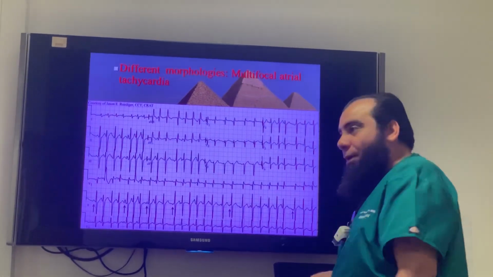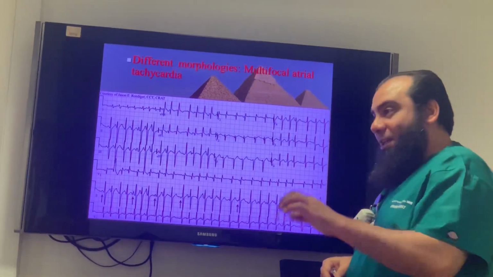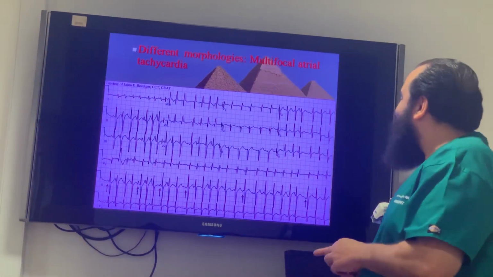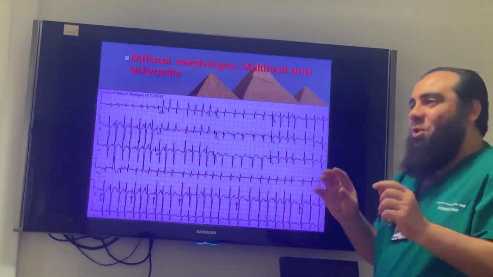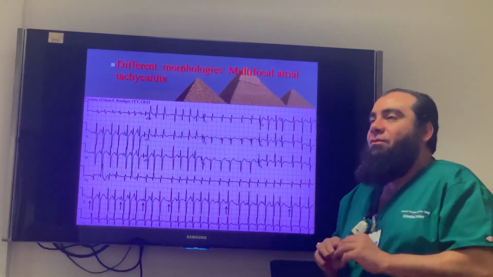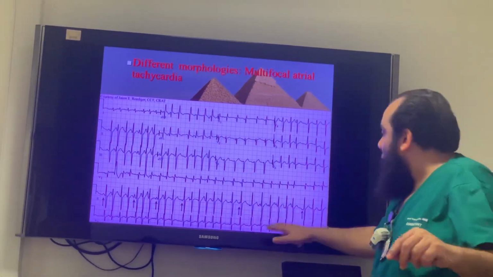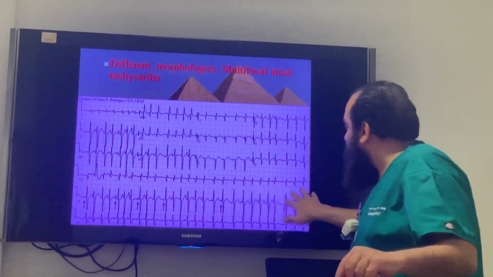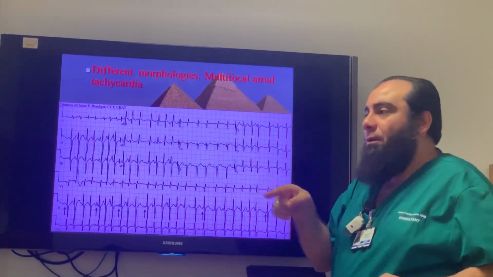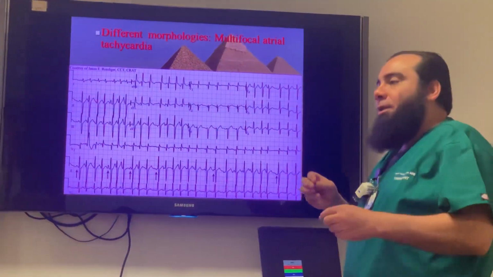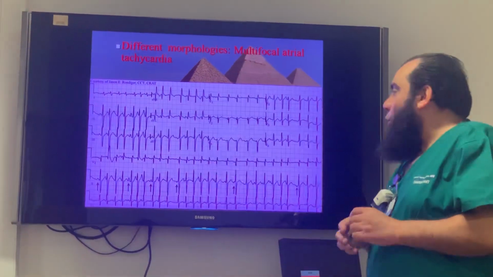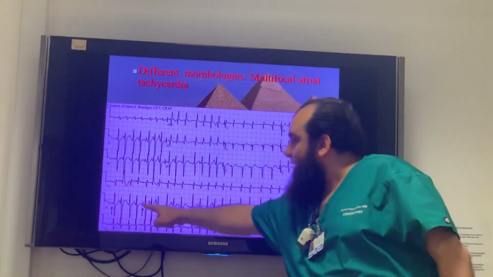Different morphology. I have seen it many times here. I have seen it with me, Yasmin. And sometimes you find what looks globally like AF. Irregular rhythm. Isn't it? But P wave is there, which actually doesn't go with AF. So look at the P wave here. Can you see that P wave?